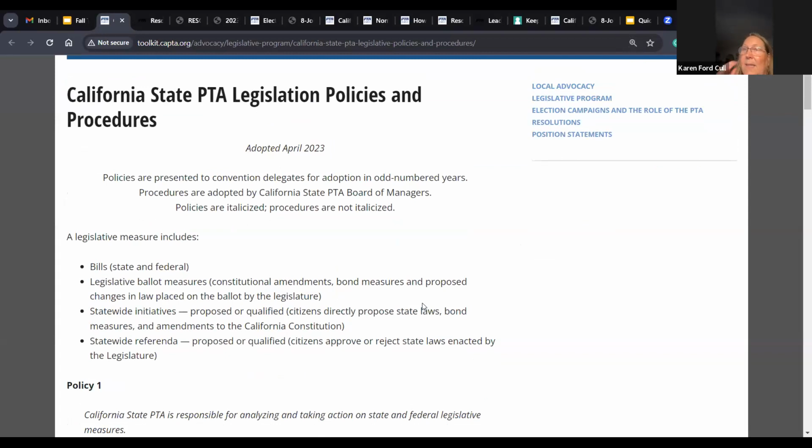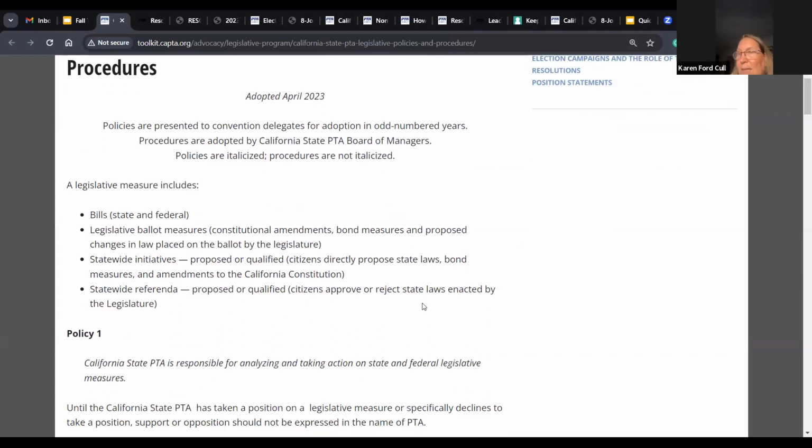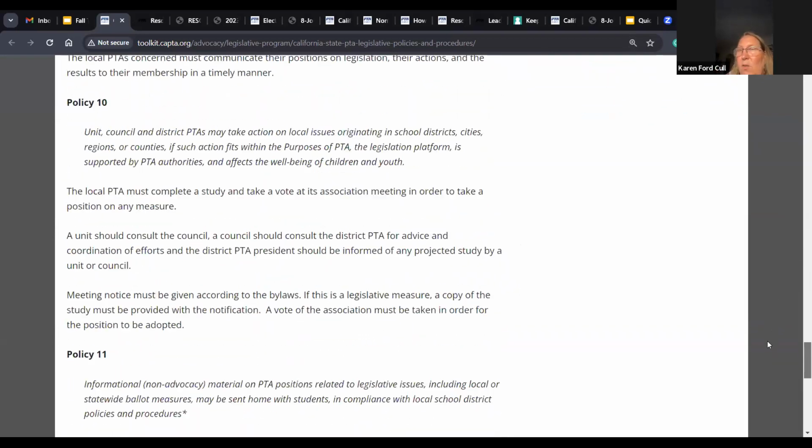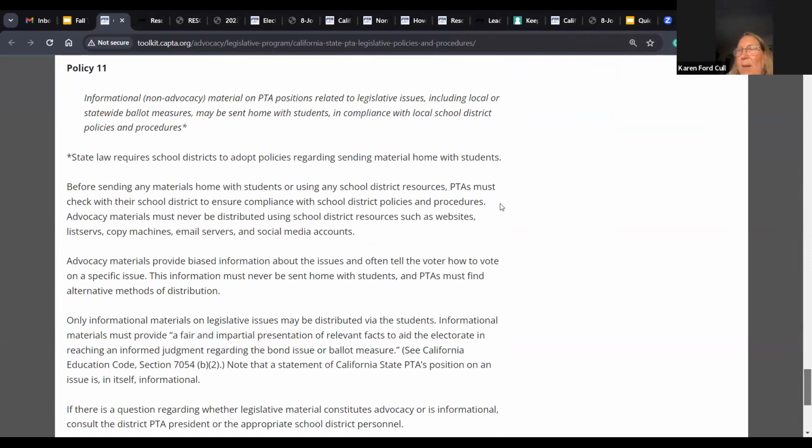This is interesting reading, but the most important thing is policy number 11, and I did want to draw everyone's attention to it. Yes, it's in the slideshow, but can you put that link in?